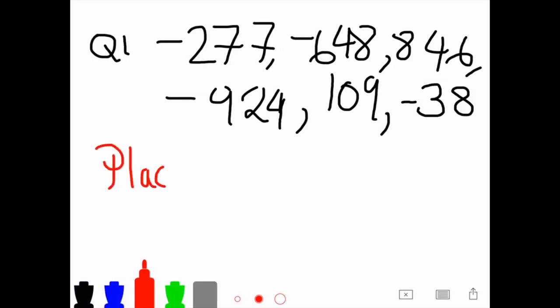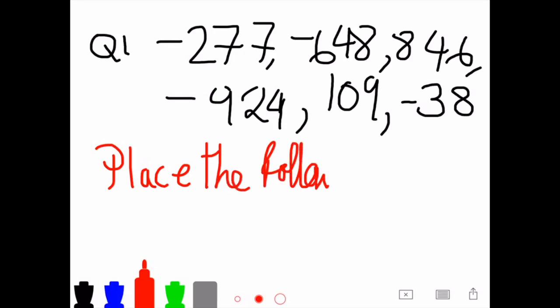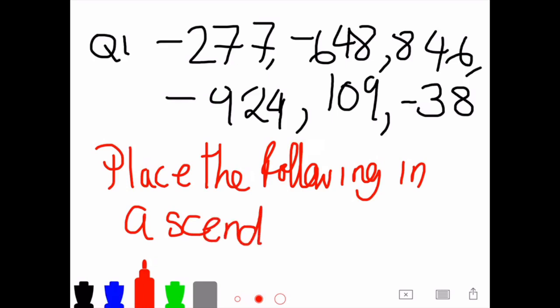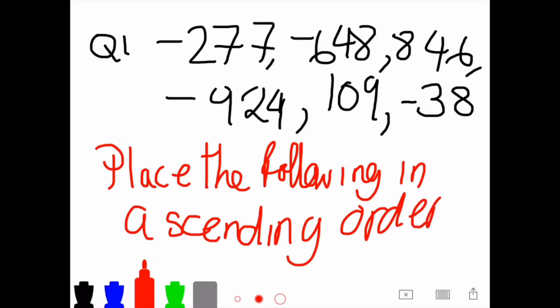It's place the following in ascending order. So we need to actually know what the question means. What is ascending?